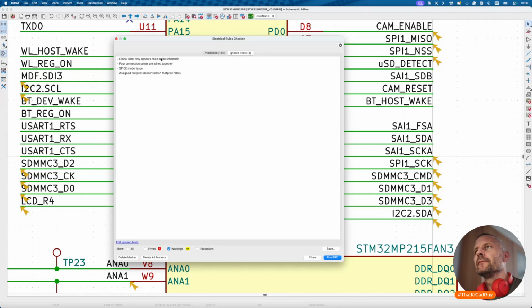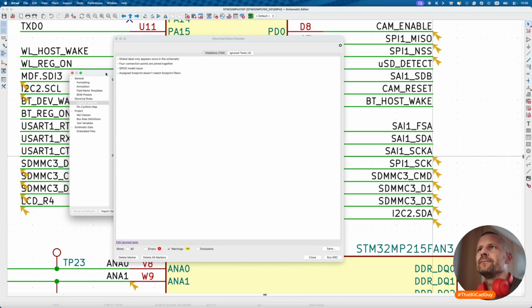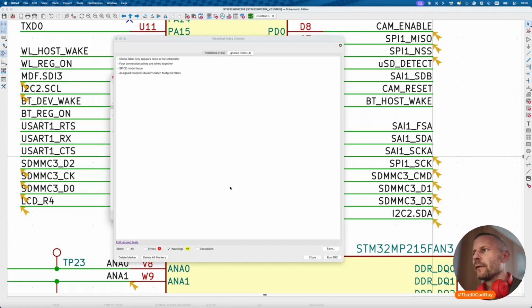Here. Global label appears only in, no, it's not a global label, it's a standard small label, local label. 4 connection points, spice issue, assigned footprint doesn't match. Ignored tests. Yeah, that's fun.